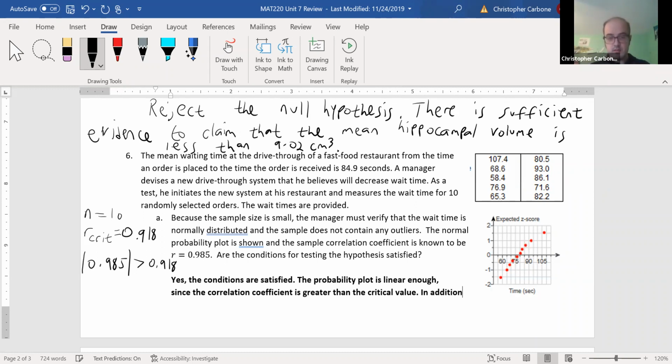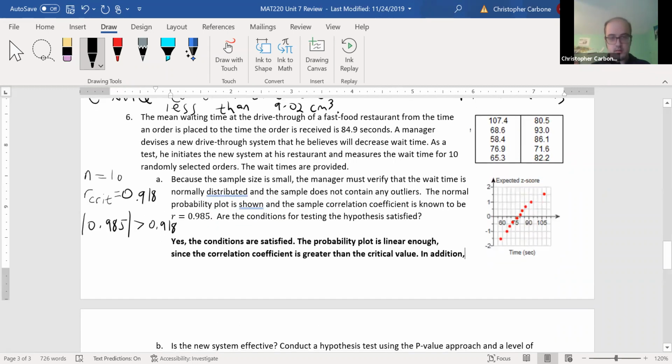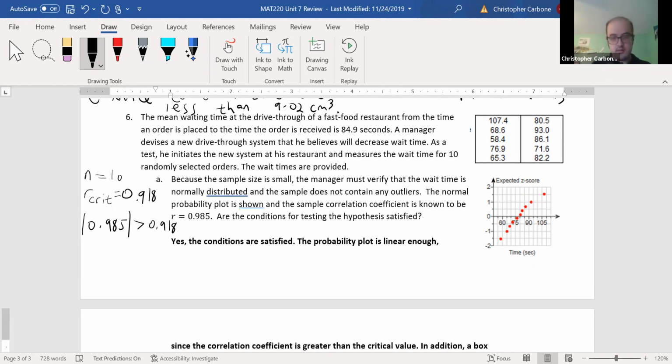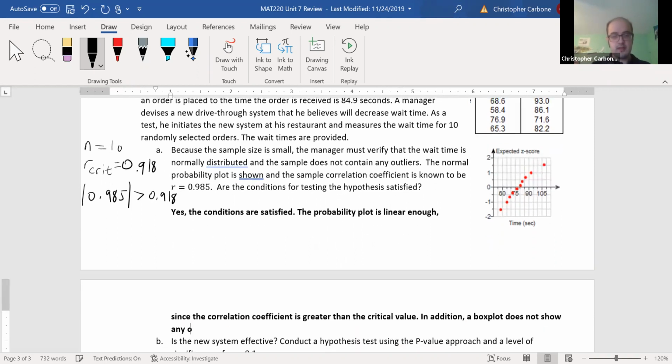In addition, a box plot does not show any outliers. You do not need to try to utilize that box plot.